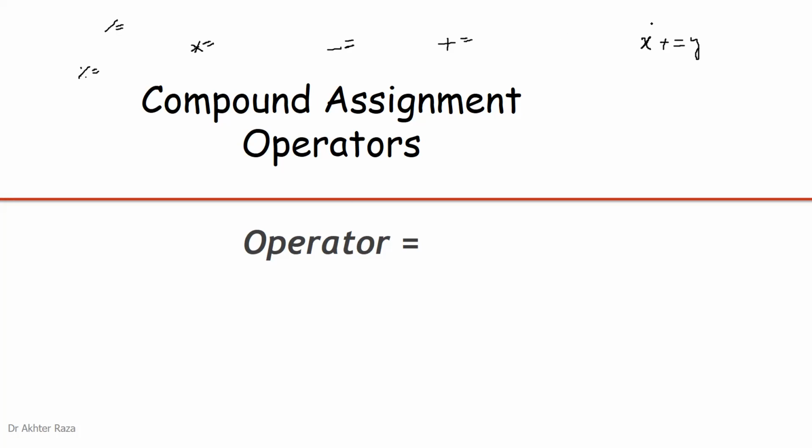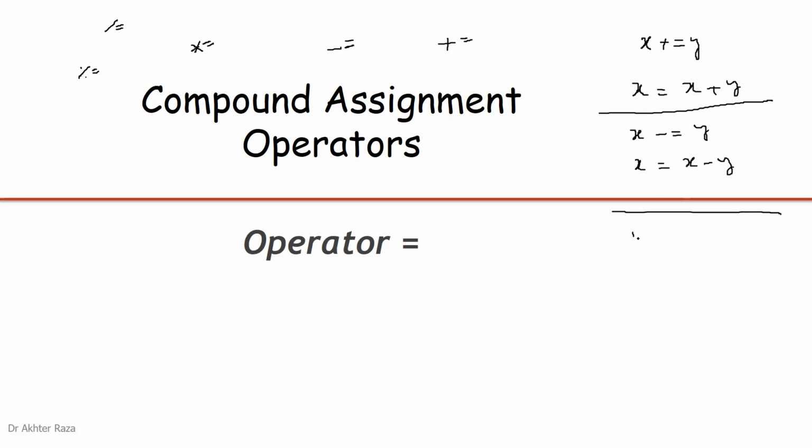If we are writing x plus equal y, the actual statement is x is equal to x plus y. If we are writing x minus equal y, this is equal to x is equal to x minus y.